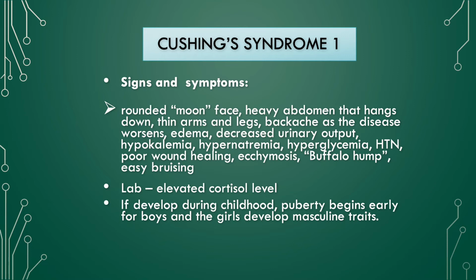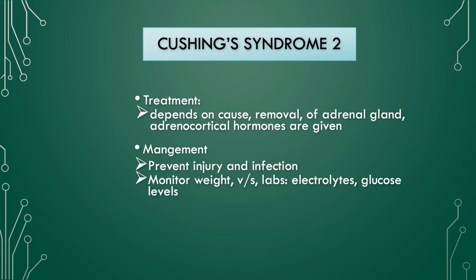This slide further explains the signs and symptoms typically present in Cushing's syndrome. These signs and symptoms are important so that the early manifestations are not missed. The treatment depends on the cause, and often the removal of the adrenal gland solves the problems.